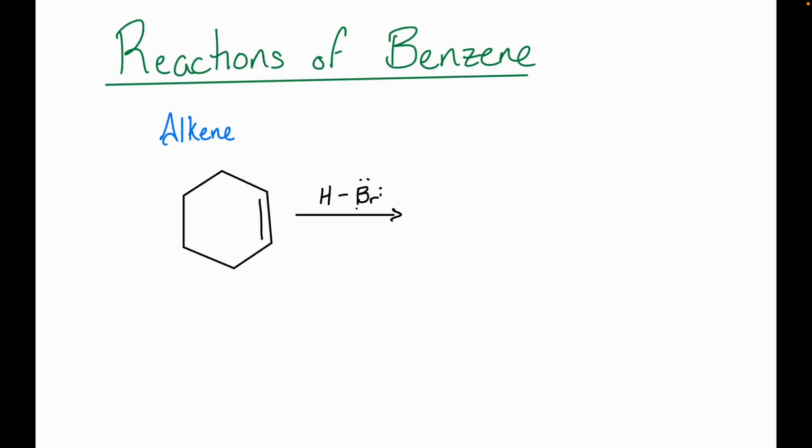So for example, here if we react it with HBr, we would get the following product, where a hydrogen is added to one carbon and a bromine is added to the other. All right, we had a lot of reactions of alkenes that followed this same sort of pattern here. What class of reactions do we call this? Not substitution or elimination, but addition, right? So alkenes, they undergo addition reactions.